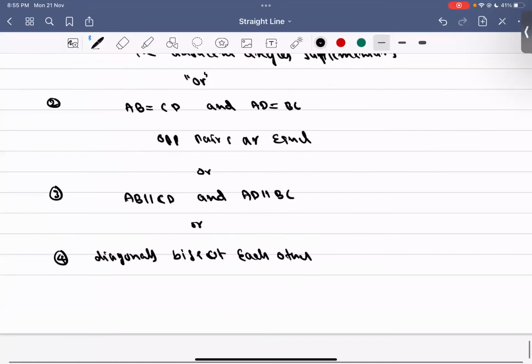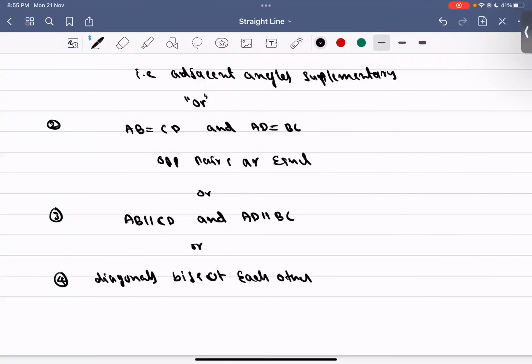Actually, in general, in a parallelogram, diagonals are not equal, neither equal nor bisect each other. By chance, they may be equal, they may bisect each other.